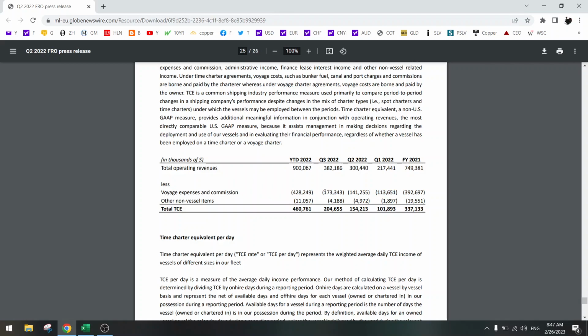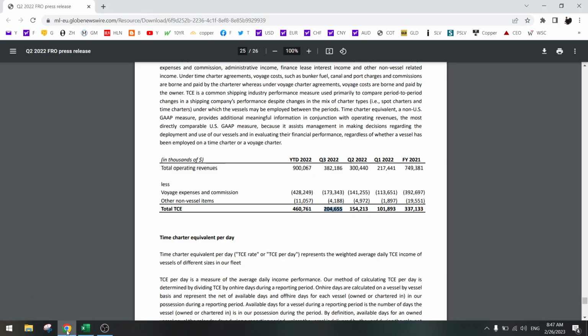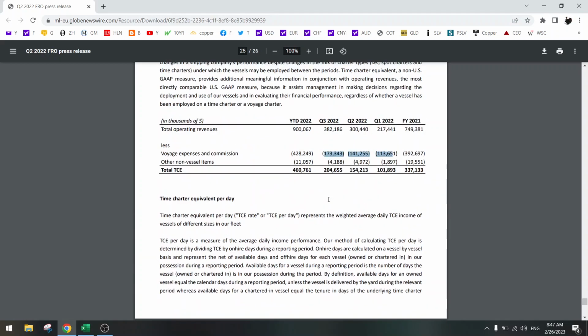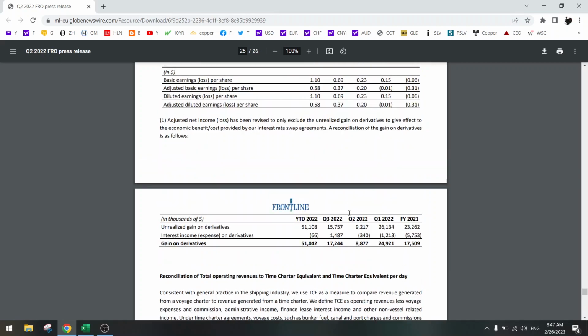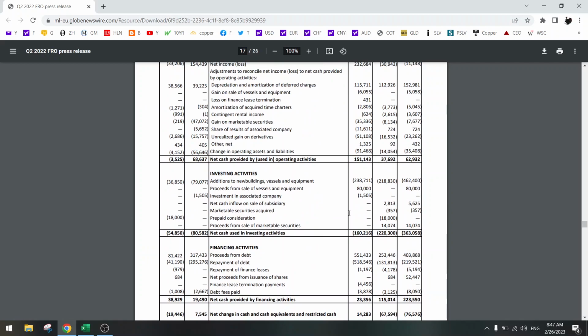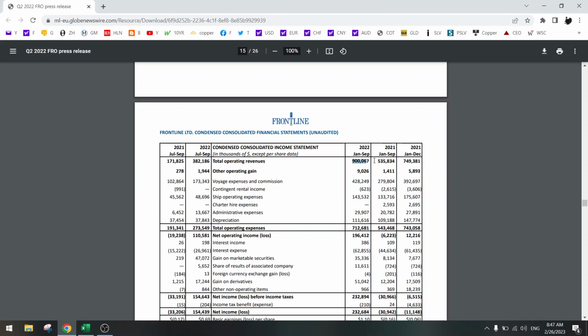So we need to take this into account, and it's better to use the TCE instead of the revenue. So we are going to try to update the calculation by using TCE. Then you don't have this variable expense. Because when you look at the balance sheet, you have revenues, so this is for the 3 quarters.